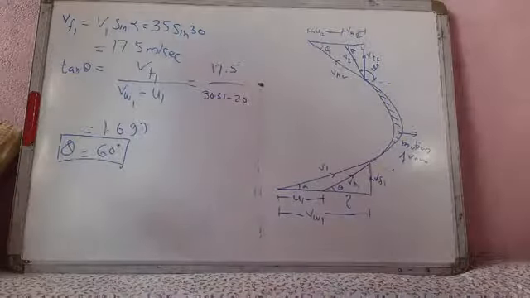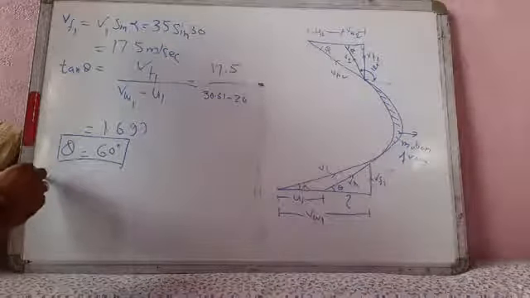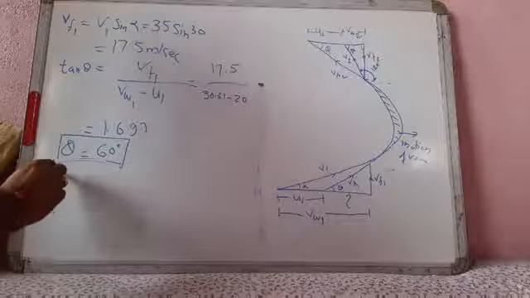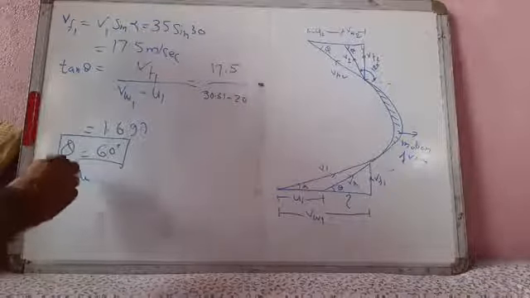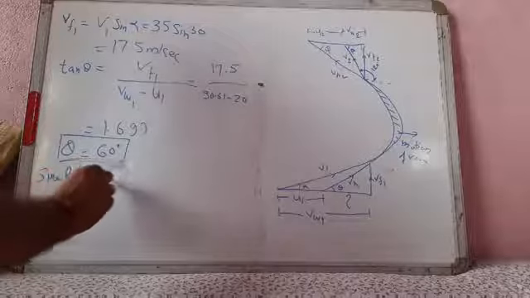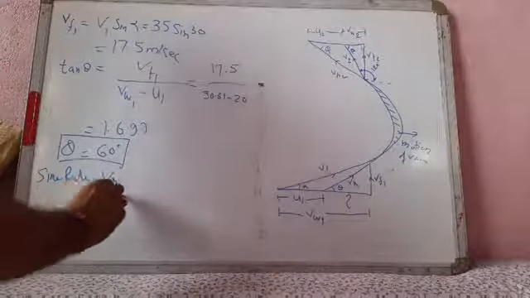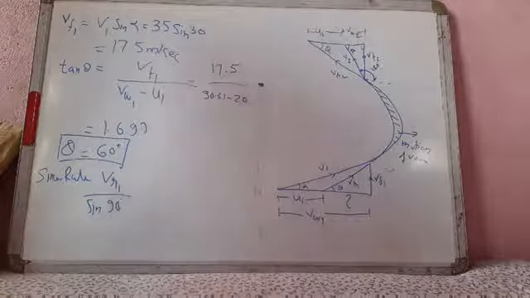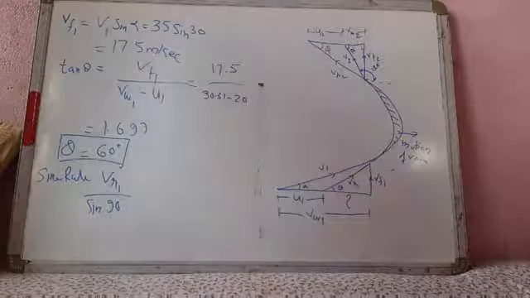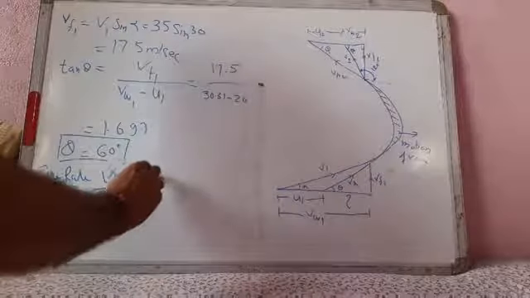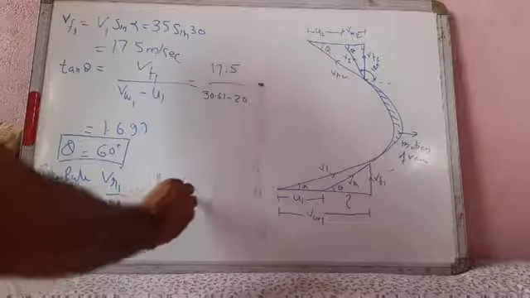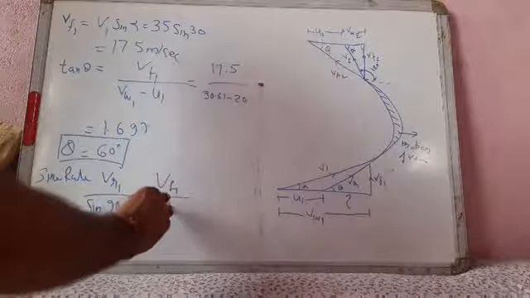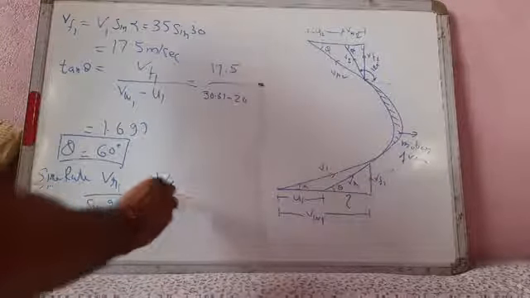Now by the sine rule, VR1 by sine 90 equal to VF1 by sine theta.